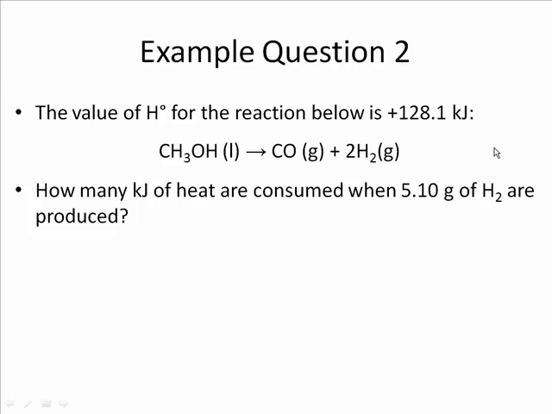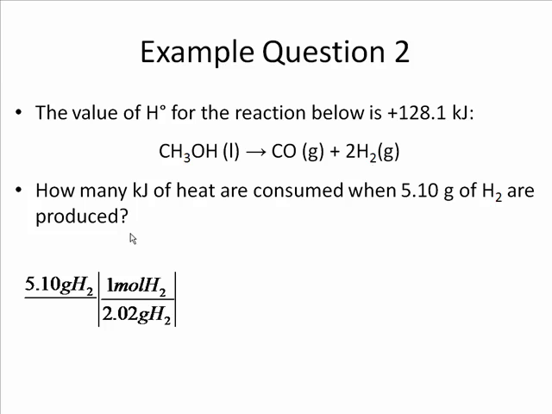So it's a conversion problem. We'll write down what we've got, 5.10 grams of hydrogen. Okay, we'll convert that to moles using the molecular weight. We can't stay in moles of any one specific reactant or product. We have to go to what? Moles of reaction. 1 mole of reaction for every 2 moles of hydrogen from the stoichiometry.